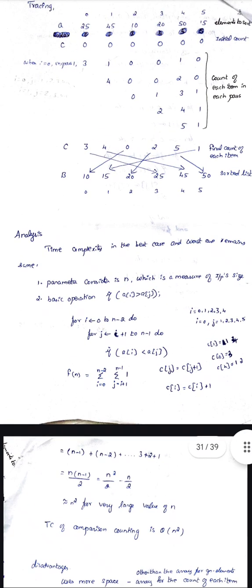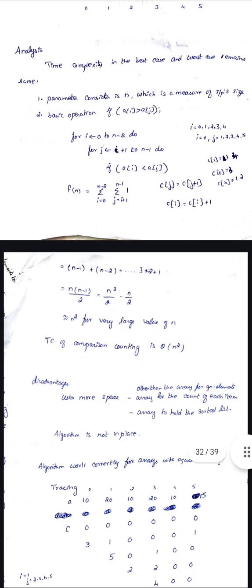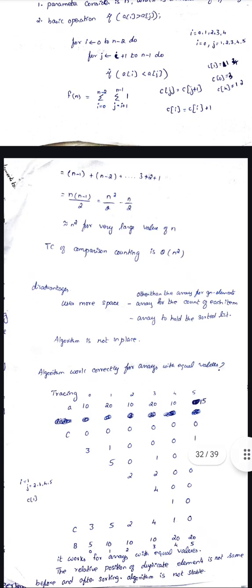Then time complexity: the best case and worst case remain the same. The parameter is considered as n, and for this it is theta of n square. Sigma of i from 0 to n minus 2, n minus 1 plus n minus 2 till 1, descending to n minus 1 by 2, which is n square by 2 minus n by 2, which is equal to theta of n square.